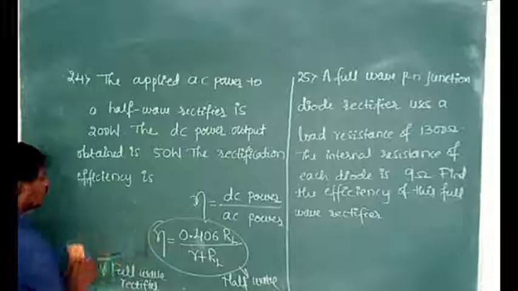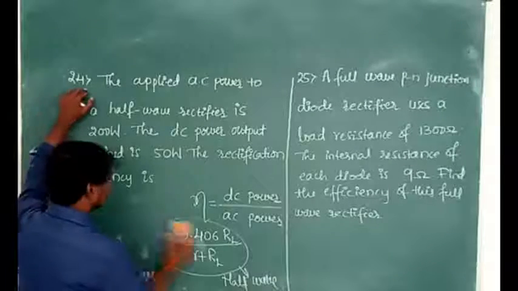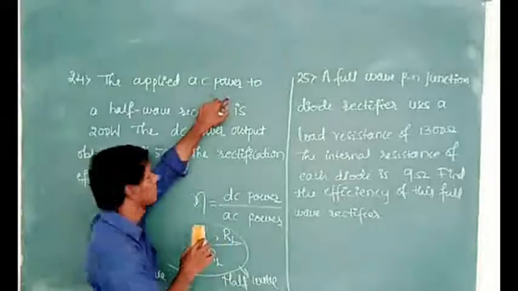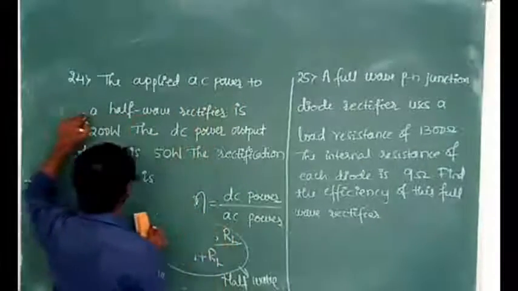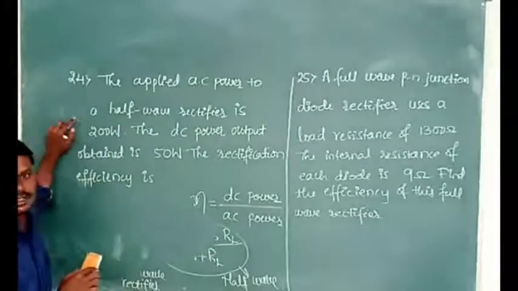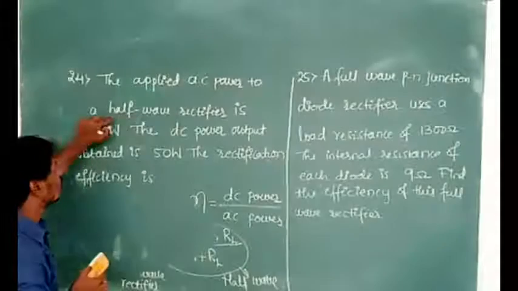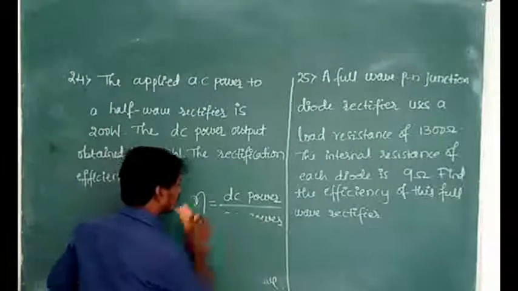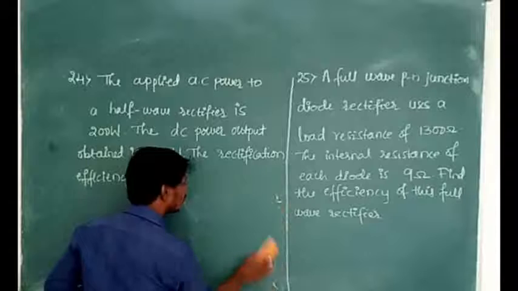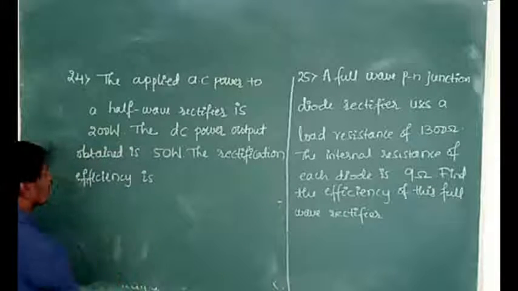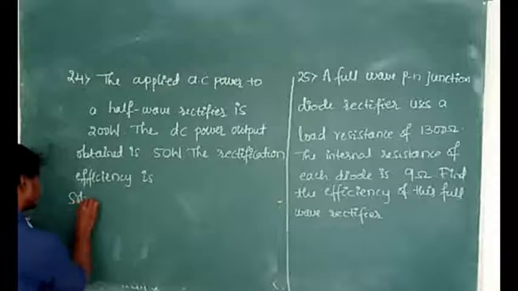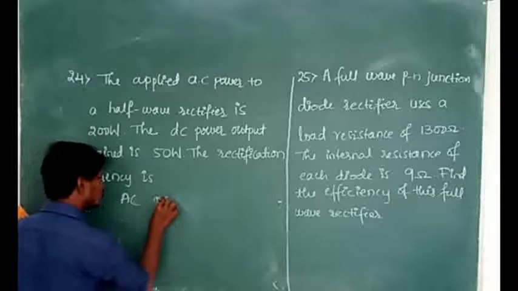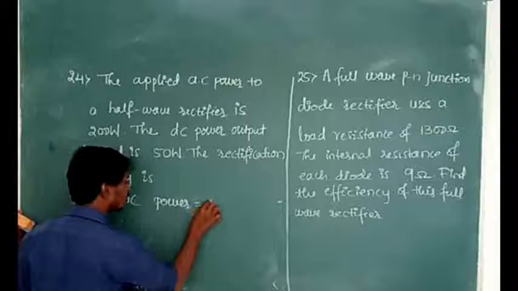Then what is the question? Question number 24. The applied AC power, that is the input AC power, to a half wave rectifier is 200 watt. Solution: the AC power is given as 200 watt.